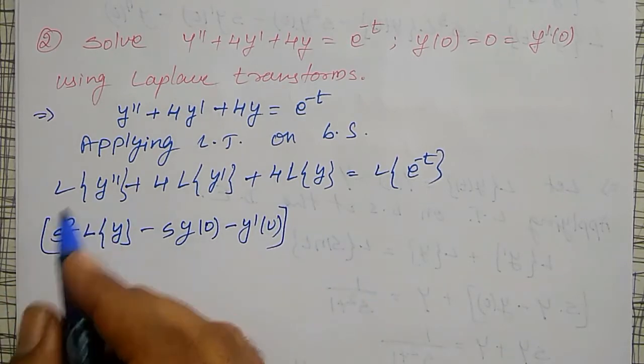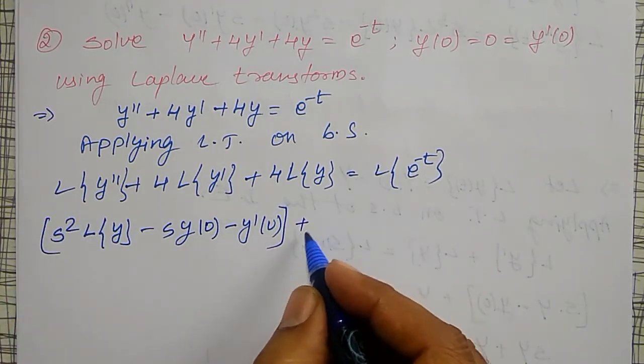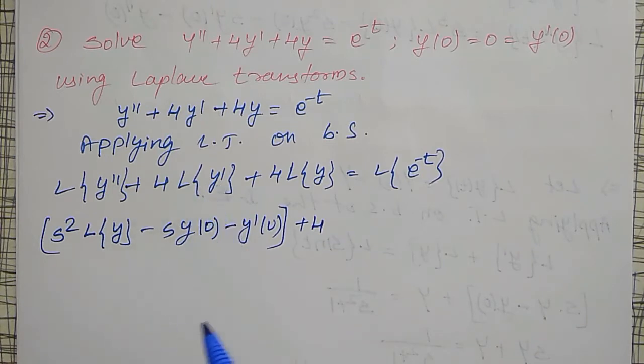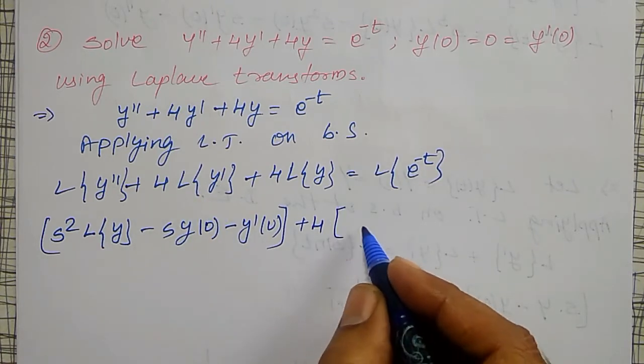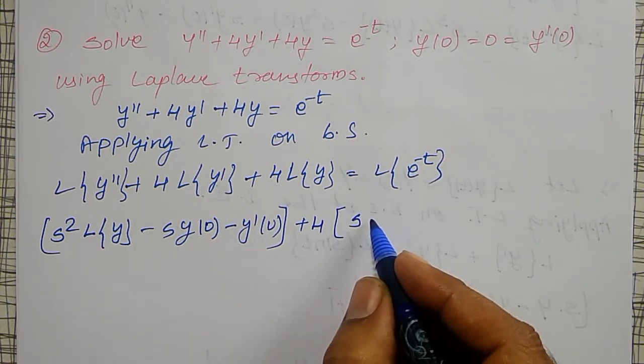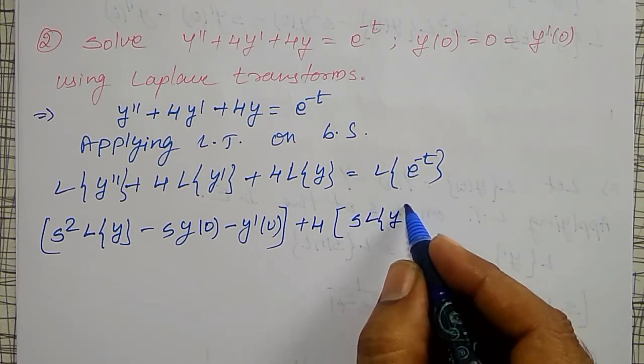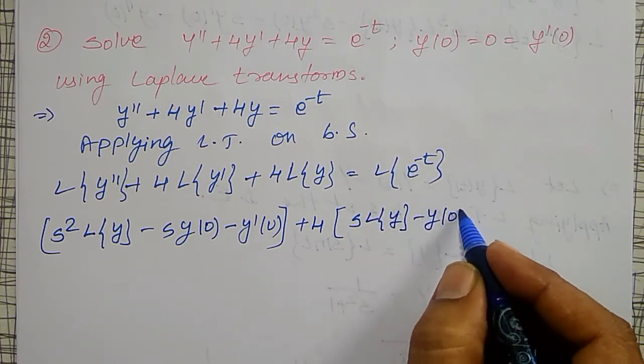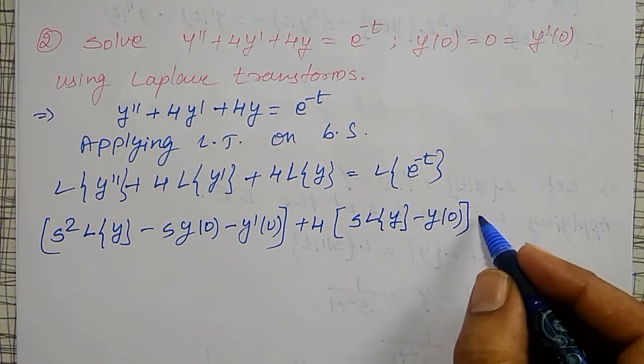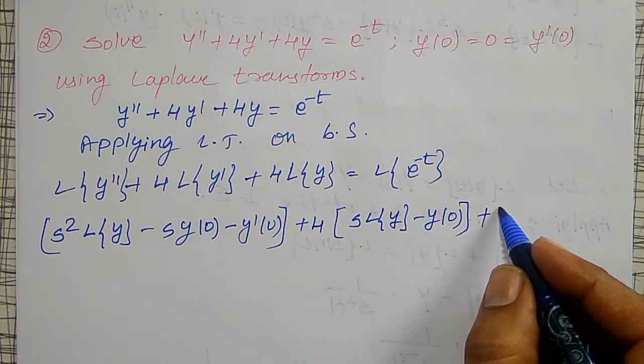This is the Laplace transform of y double dash plus 4 times Laplace transform of y dash, which is given by s into Laplace transform of y minus y of 0, plus 4 times Laplace transform of y as it is.